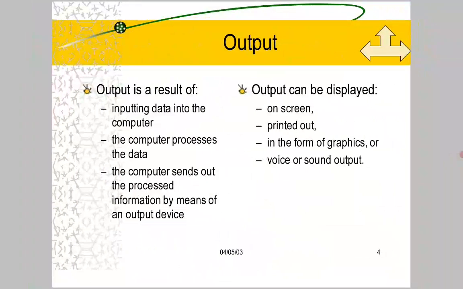So what are the output devices? Output is the result of inputting data into the computer. The computer processes the data. The computer sends out the processed information by means of an output device. Output can be displayed on the screen, or on the printer as a printout, in the form of graphics or voice or sound.